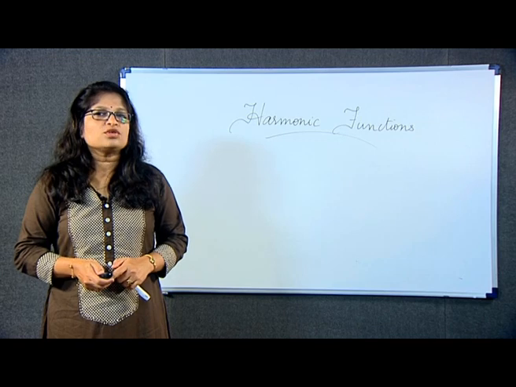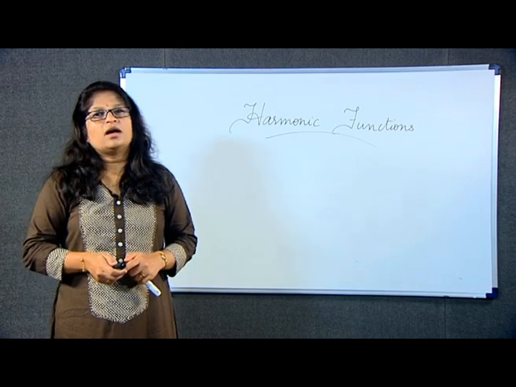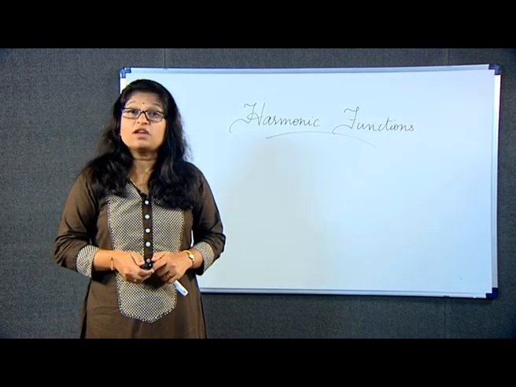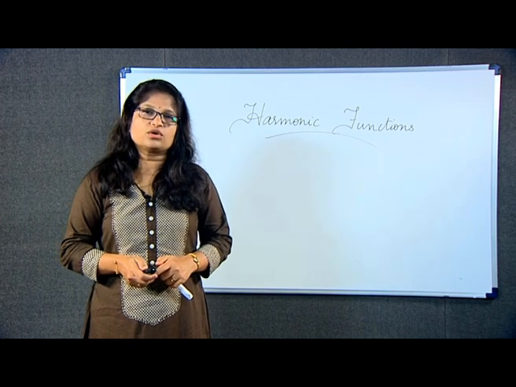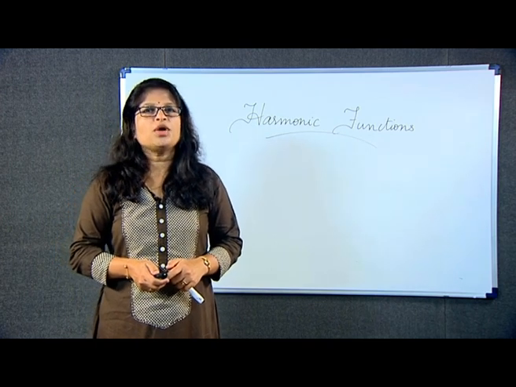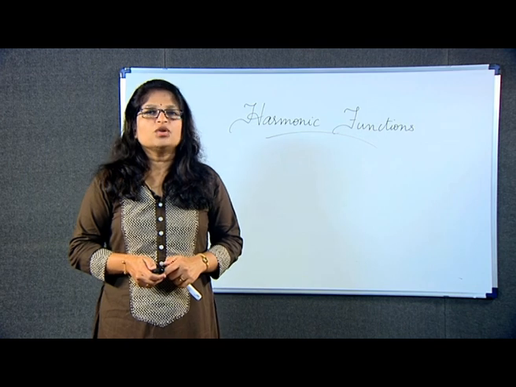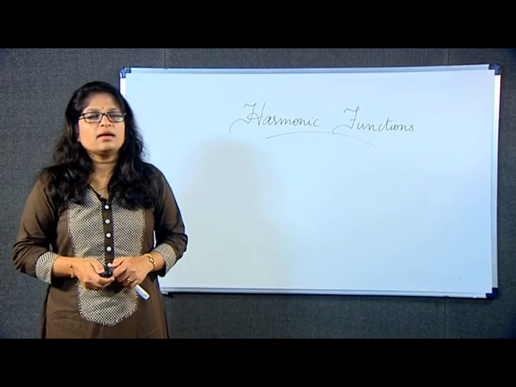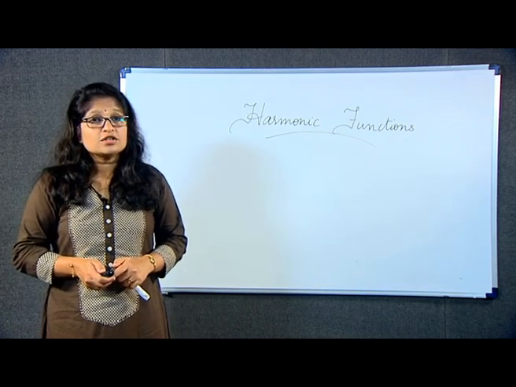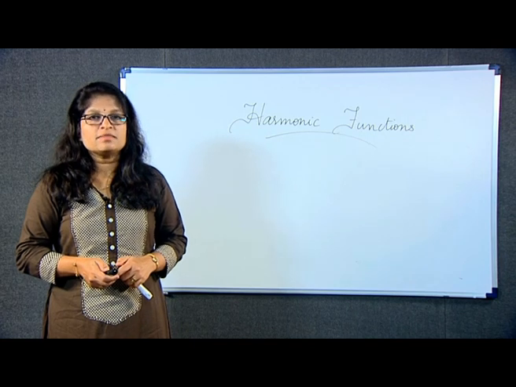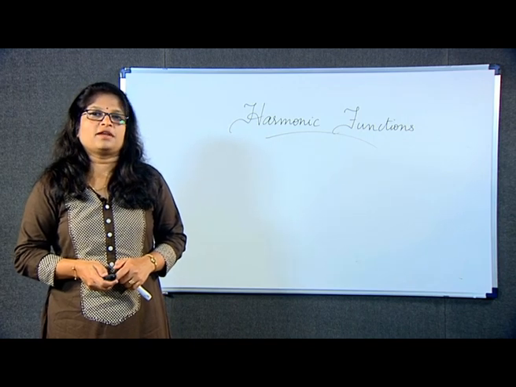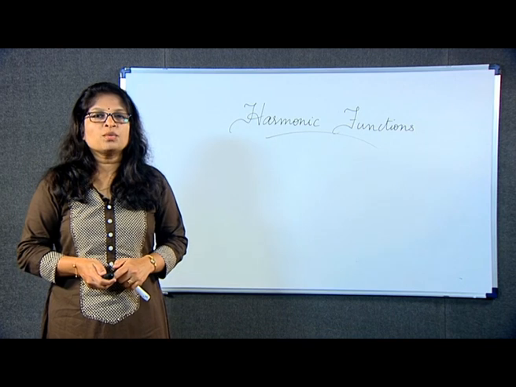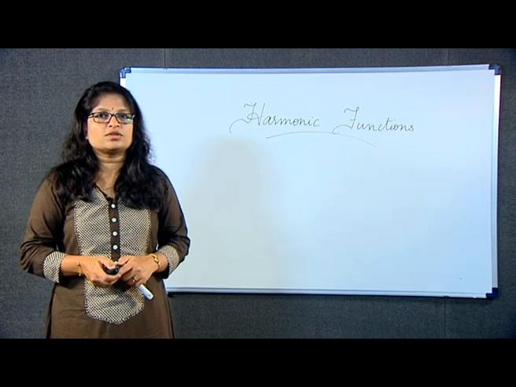So, if I have to check the differentiability at z equal to 0, that is the origin, how do you do it? We can do it only by the definition of partial derivatives, that is the limit definition. If I have to find ∂u/∂x, you go by the limit definition.